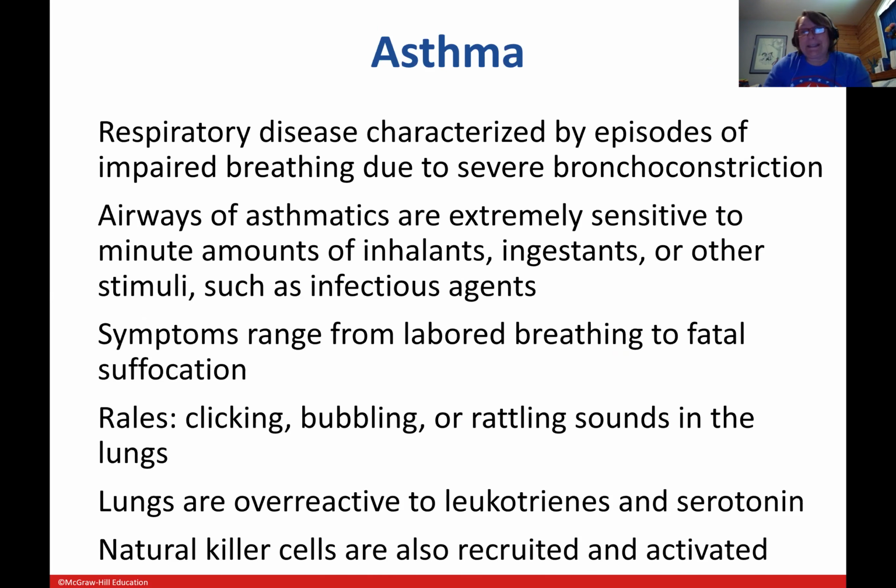And it has a very distinctive sound to let you know that's what's going on in the lungs. So typically, the lungs become overreactive to two of those cytokines, leukotrienes and serotonin. And then sometimes they start to bring in natural killer cells and actually begin to cause some tissue damage. And again, that can be a permanent sort of a thing.